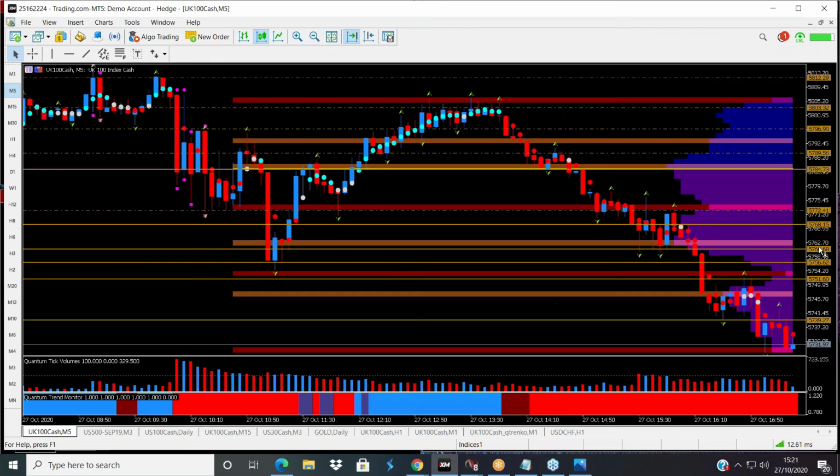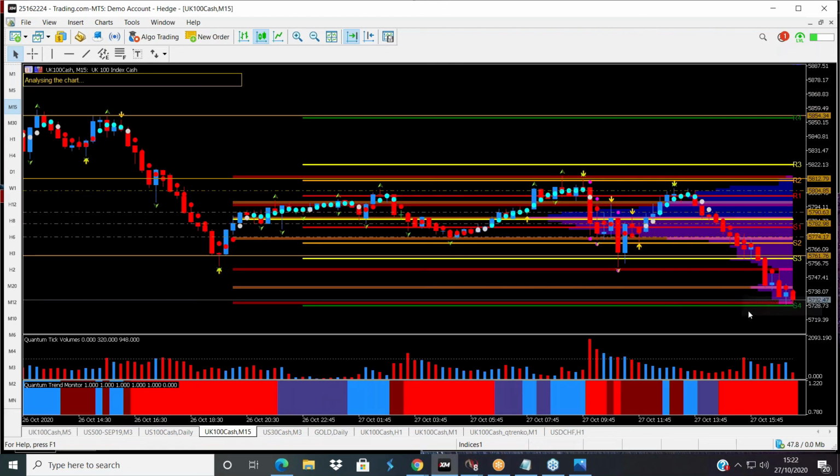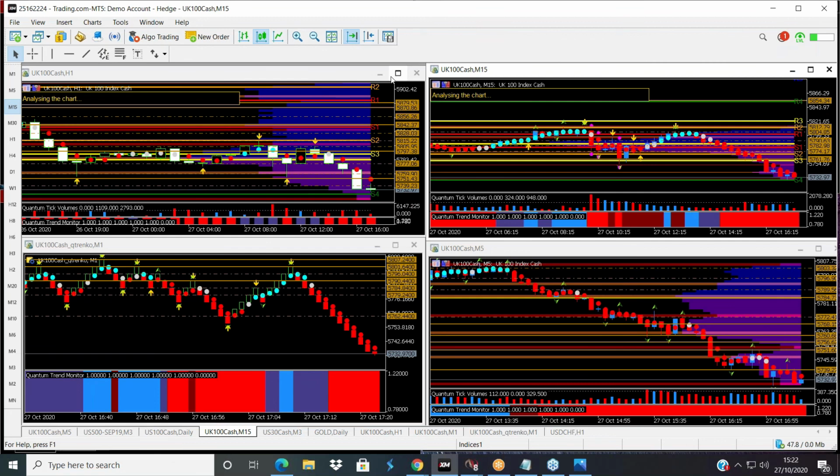Now, back to my dear old FTSE. What's happening? I feel quite nostalgic, David, on this one. There we are. We've had an attempt to rise, not gone very far. Of all the indices, I would say this is not terribly scary. On the 15-minute, it's these two levels, so I'll keep an eye on it. If it goes through the S4, then we will certainly get a continuation of the downward trend.